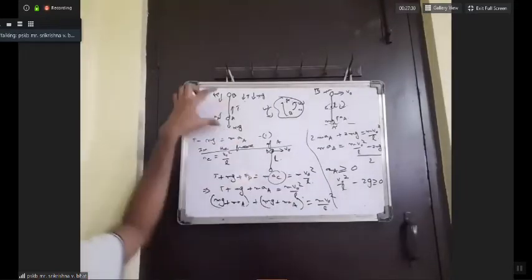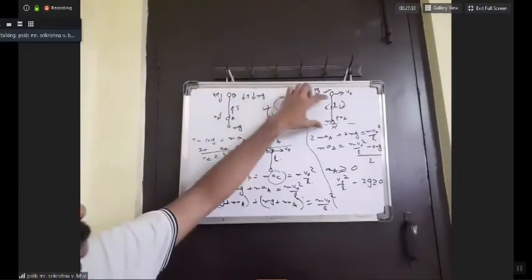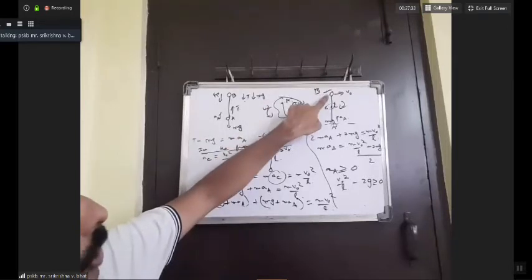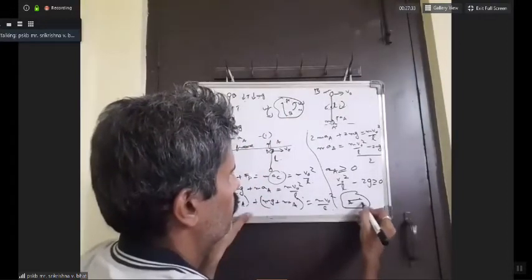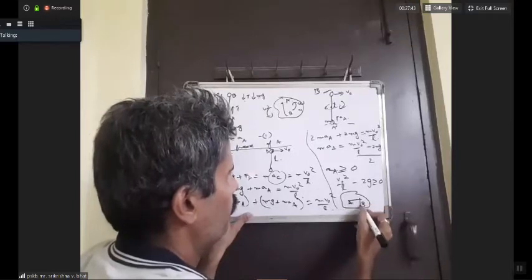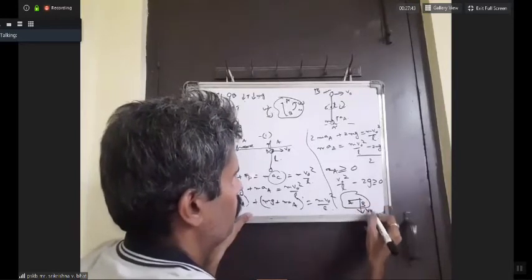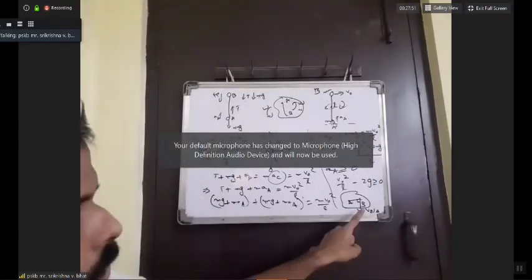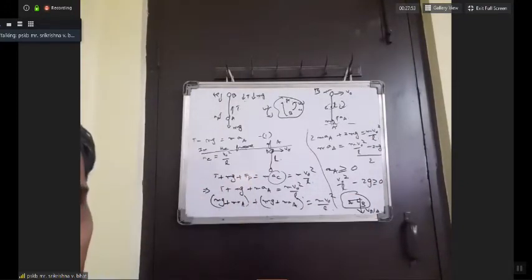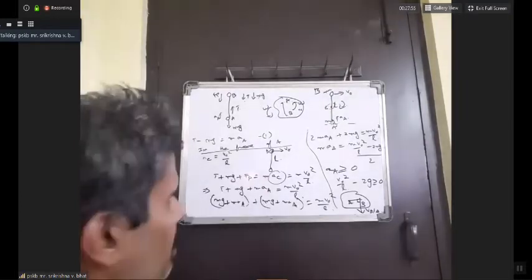So I'm just considering this also to be a rigid system. That's why for the angular velocity of the rigid body, we'll find the velocity of B with respect to A in the direction perpendicular to AB and then divide by AB.